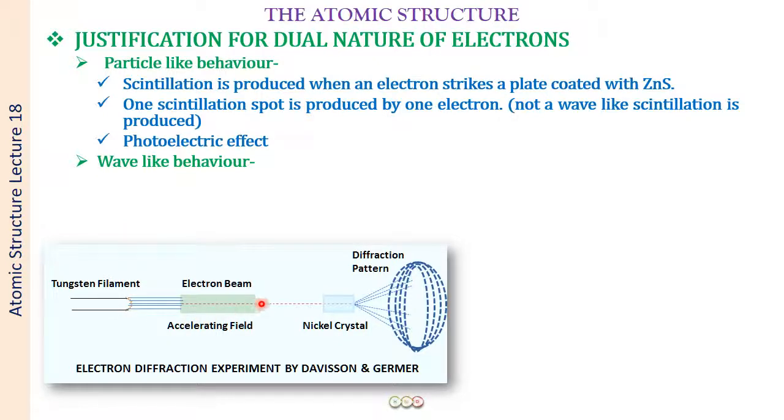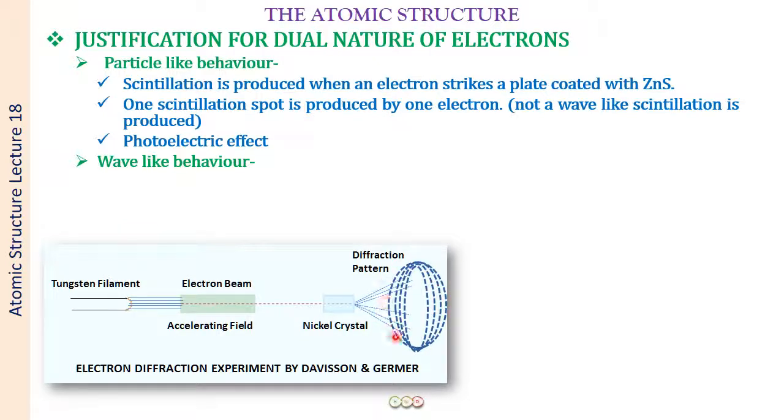This electron beam was subjected to an electric field so as to accelerate the electrons. Then they were made to fall on a nickel crystal surface, and this caused the scattering of the electrons. And these scattered electrons produced a pattern of bright and dark rings on the photographic plate.